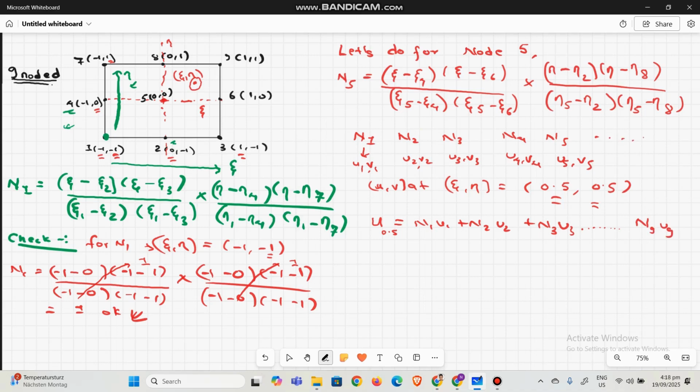Here also you find up to n9, and you will have u9 and v9. Similarly for the vertical displacement, just do n1 v1, n2 v2, n3 v3 until n9 v9. So this is the purpose of finding the shape functions.